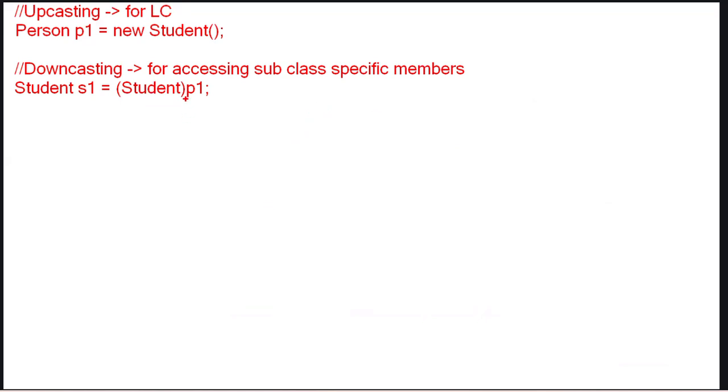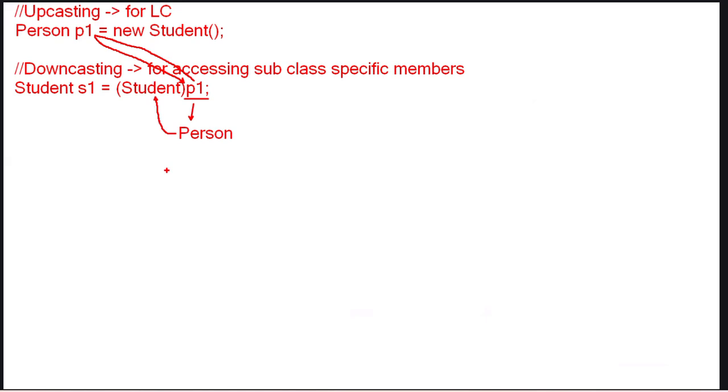So the compiler follows one algorithm, the JVM follows another algorithm. What about the compiler? The compiler doesn't know what object is available inside. The compiler will see only the variable type. The compiler substitutes here, what is the object? Person. Okay, then it verifies, is there any relation between Person and Student?